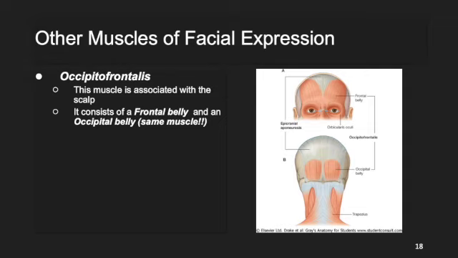But as you can see, it looks like two different muscles, right? We have a muscle in the front and we have a muscle in the back. You could even argue we have two bellies in the front and two bellies in the back. But it is definitely the same muscle, and I want to make sure you understand when we talk about occipitofrontalis, it's one muscle and one muscle only.